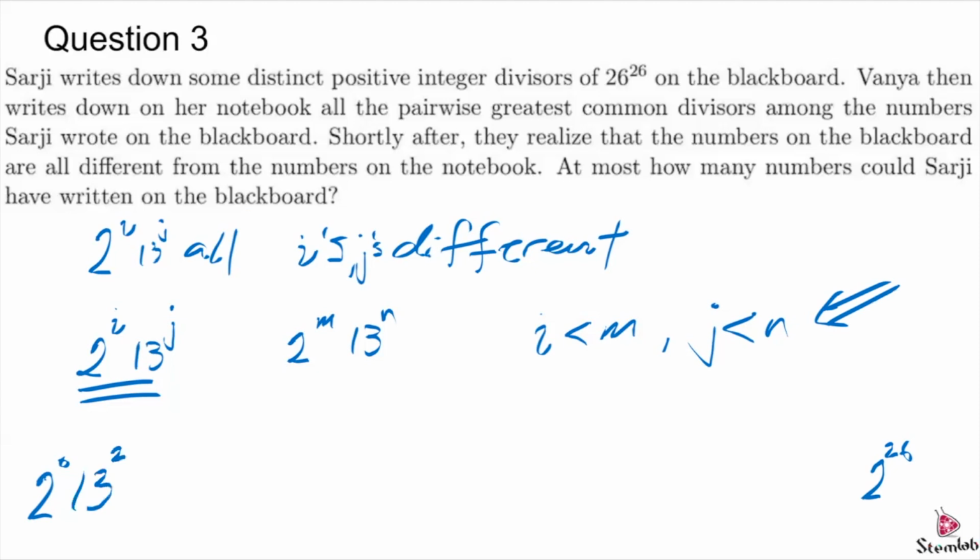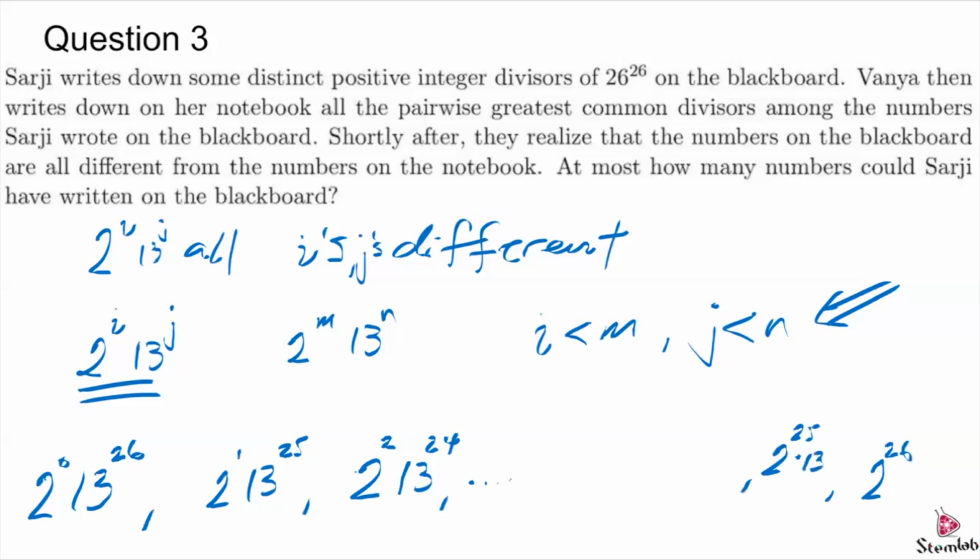We start out with 2^0 times 13^26, 2^1 times 13^25, 2^2 times 13^24, and so on and so forth, until you get to 2^25 times 13, and 2^26 times 13^0.